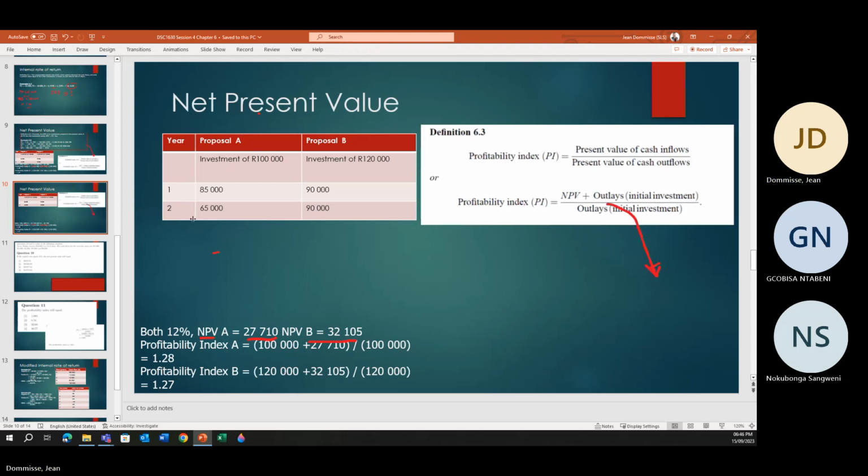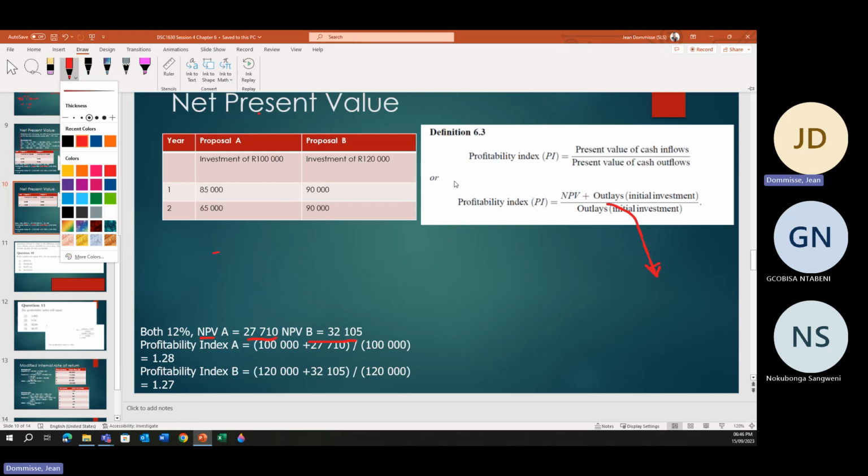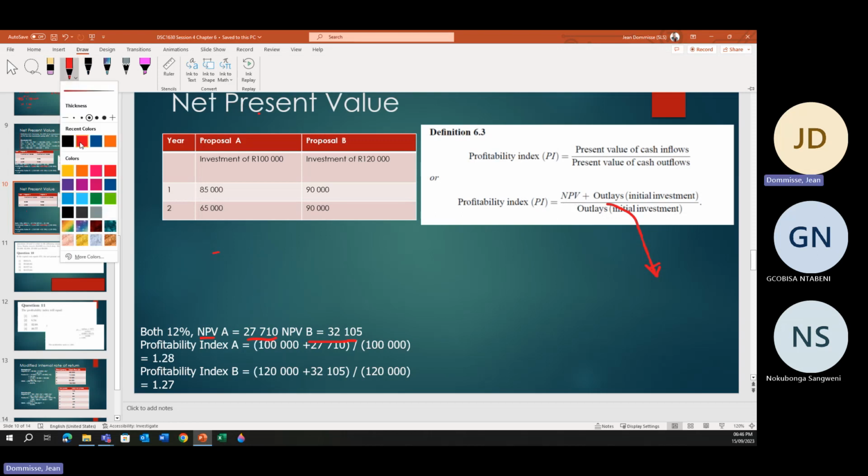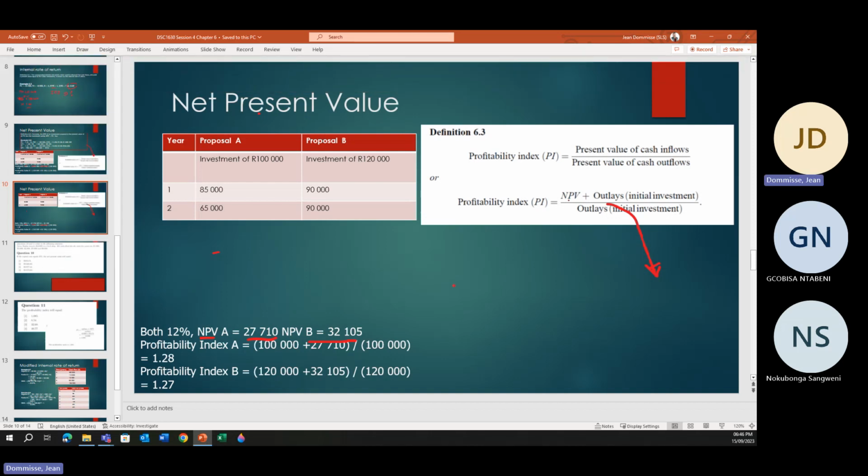Okay, so if we look at this formula, they told us that the net present value of A is 27,710. Okay, so we've got that.